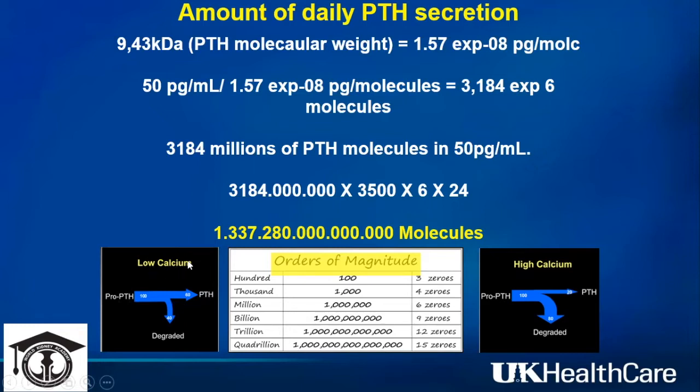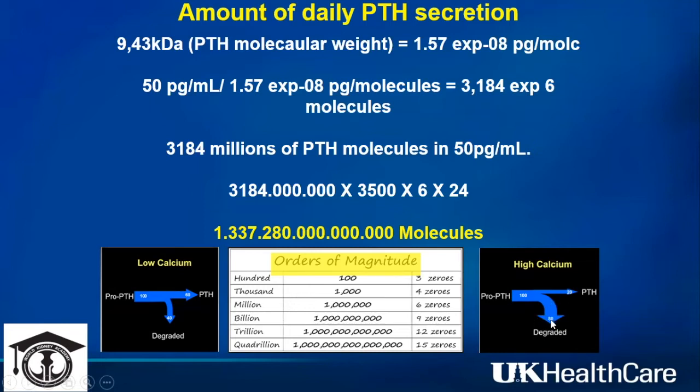Even if there is low calcium, about 60% goes to the blood and 40% is auto-degraded. If we don't need a lot of calcium, we don't need a lot of PTH, so when the serum calcium level is higher, only about 20% of the PTH goes to the circulation, and 80% will be auto-degraded inside the gland.